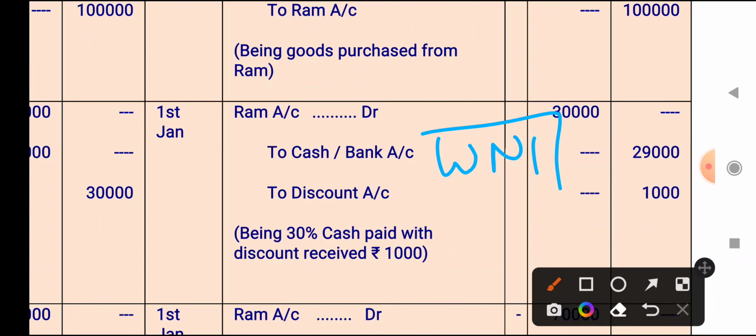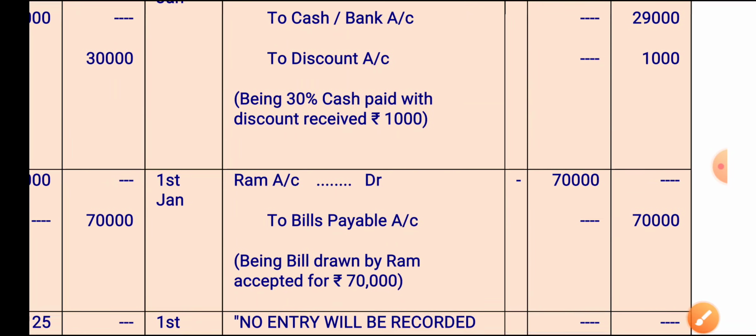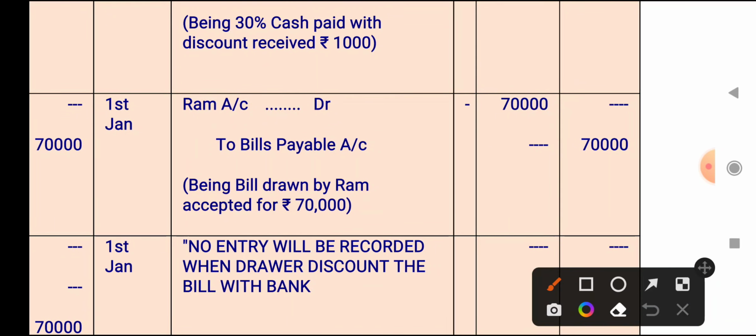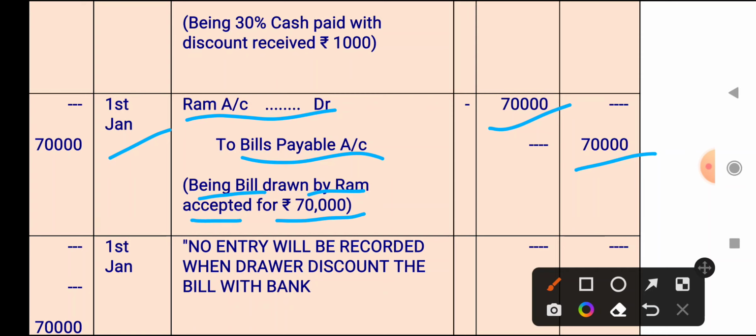If you go to working note 1 you can find these things. Next, for the balance amount, out of 1 lakh you have paid cash immediately, and for the balance Ram drew a bill and Beam accepted it. So Ram account debit to bills payable account 70,000, being bill drawn by Ram accepted for rupees 70,000.